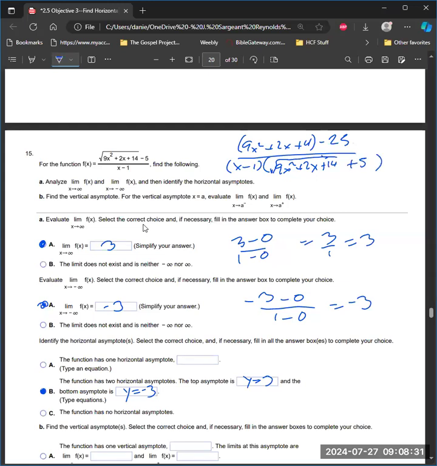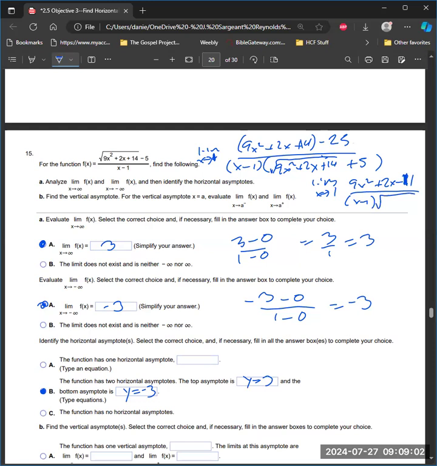And then if I take the limit of this as x goes to 1, we get 9x squared plus 2x minus 21 over x minus 1. This is 14, so that's 11. There we go.